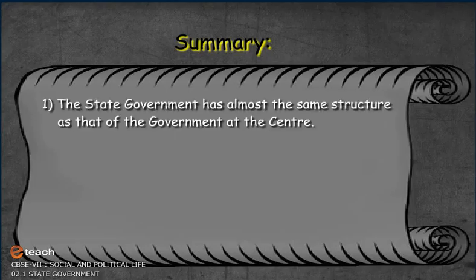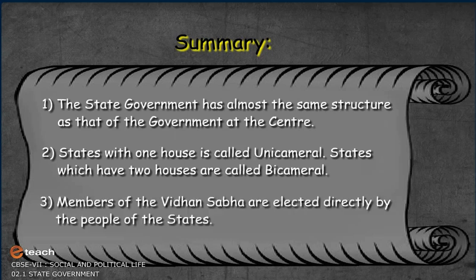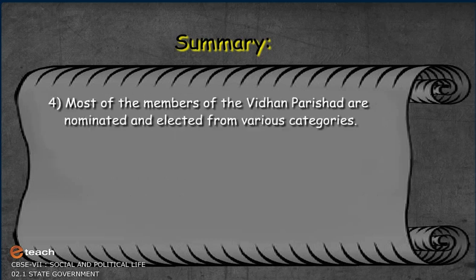Summary. The state government has almost the same structure as that of the government at the center. States with one house are called unicameral. States which have two houses are called bicameral. Members of the Vidhan Sabha are elected directly by the people of the state.